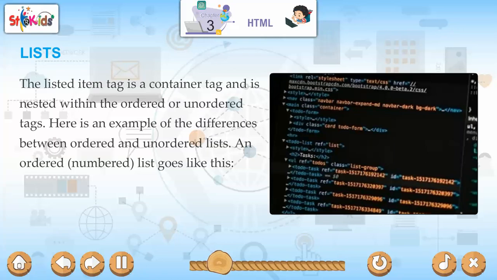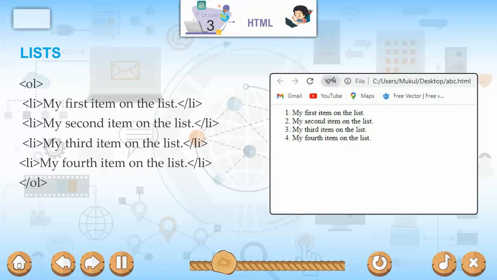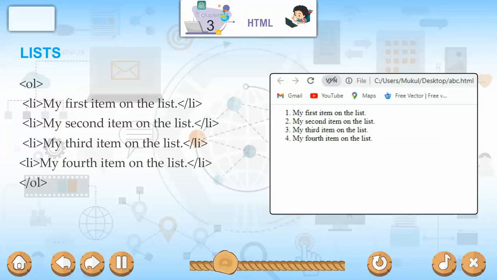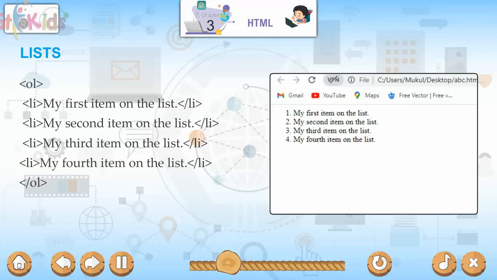Here is an example of the difference between ordered and unordered lists. An ordered, that is numbered list goes like this. Opening tag OL, closing tag, opening tag LI, closing tag. My first item on the list, opening tag slash LI, closing tag, opening tag LI, closing tag.